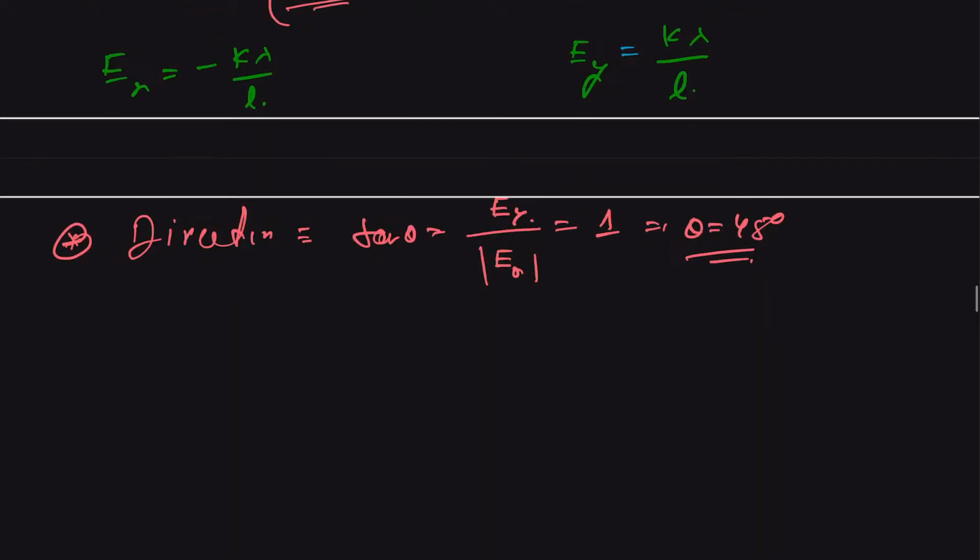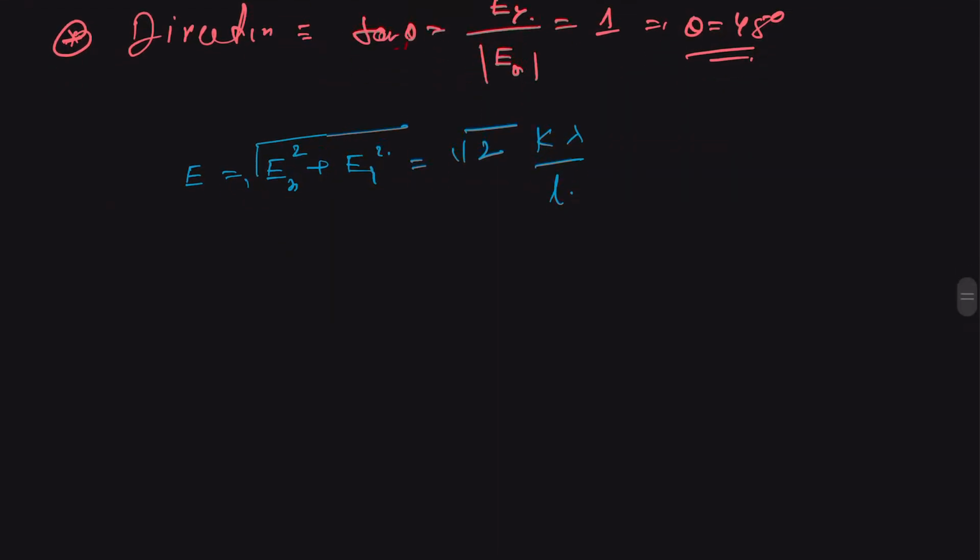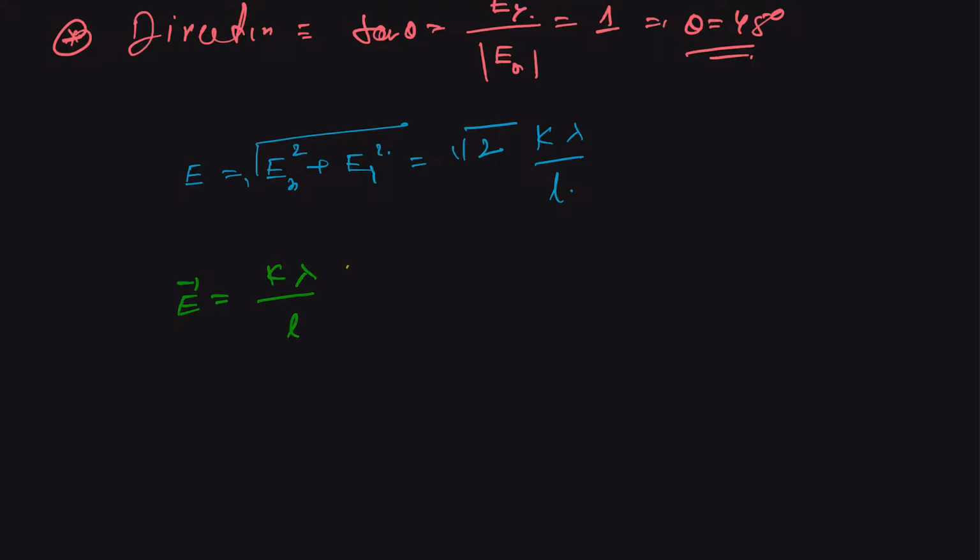And net electric field will be equal to the square root of Ex square plus Ey square. So this will be coming as square root of 2 k lambda upon L. And in the vector form, we can write that our electric field will be equal to k lambda upon L, and this comes as minus x unit plus y unit.